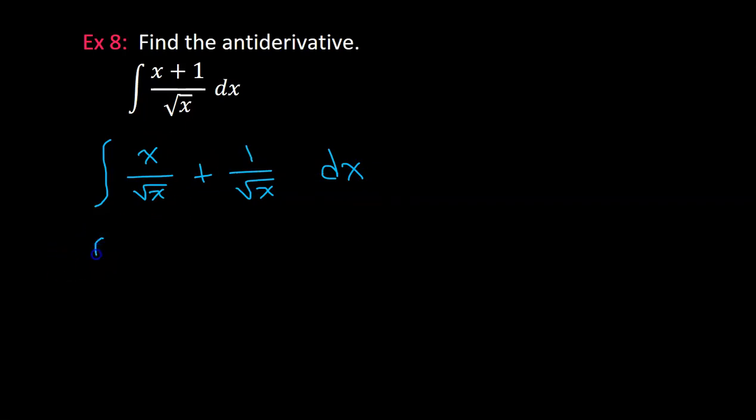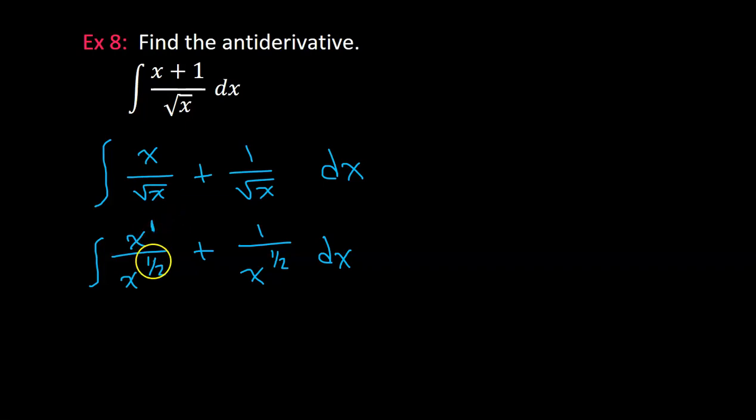So remember that the square root of x is the same thing as x to the 1/2 power. So I have this. Now, when you divide with variables, you subtract the exponents.